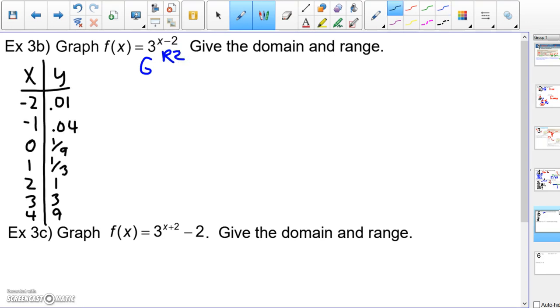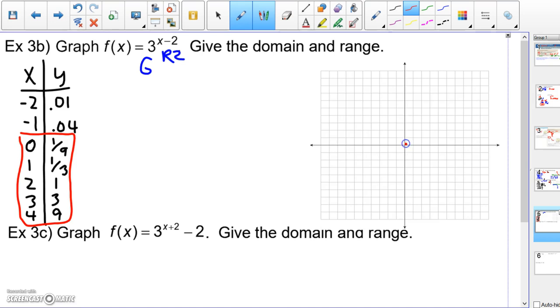So if you're smart, you'll notice that it's shifting right 2, and you'll shift your numbers to the right 2 and see that these numbers here are going to be easier for us to graph. So 0, 1/9, 1, 1/3, 2, 1, 3, 3, 4, 9. Those are going to be the easiest ones.